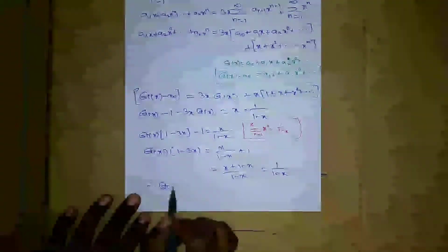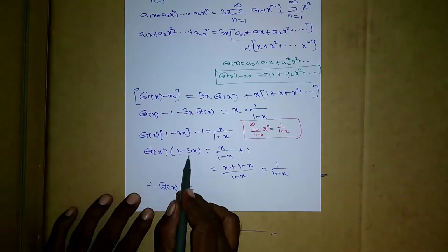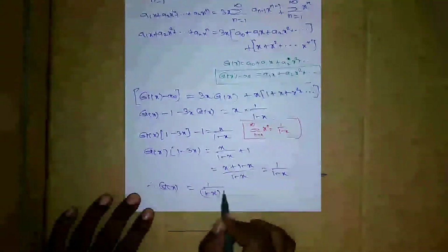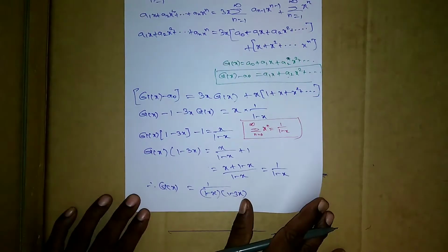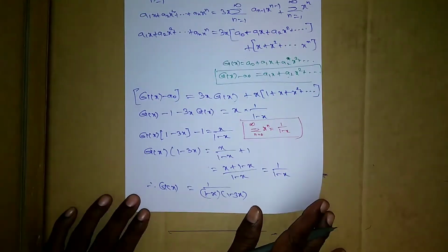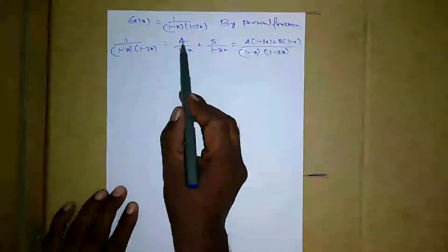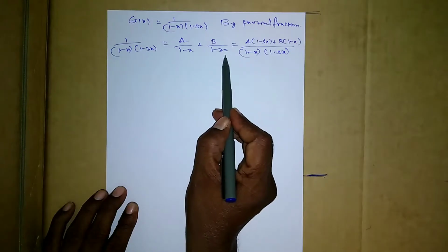Therefore, g(x) is equal to, taking 1 - 3x to the right hand side, 1 by (1 - x)(1 - 3x). By partial fractions, we take this as A by 1 - x + B by 1 - 3x.